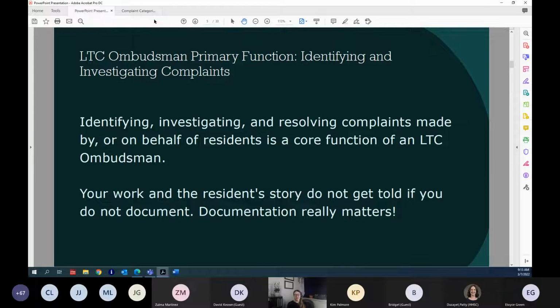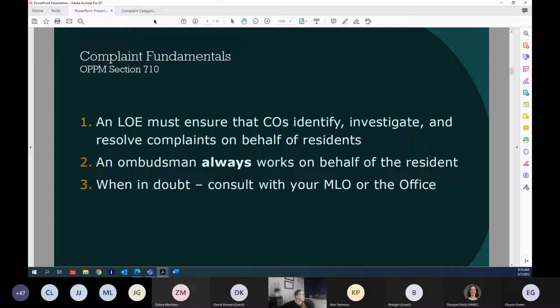Those are not the best fun situations, but they certainly happen, and we expect that they'll happen. And the best way to be prepared and show your work and what you've been doing is to document. Again, your work and the resident story don't get told if you don't document. It really, really does matter. And that will be a theme of this presentation.